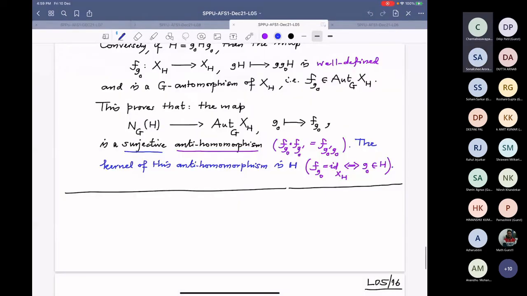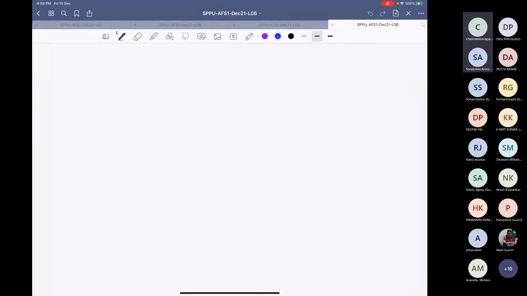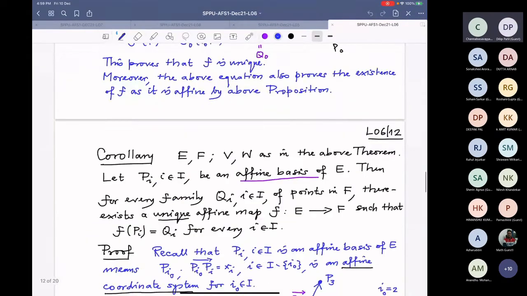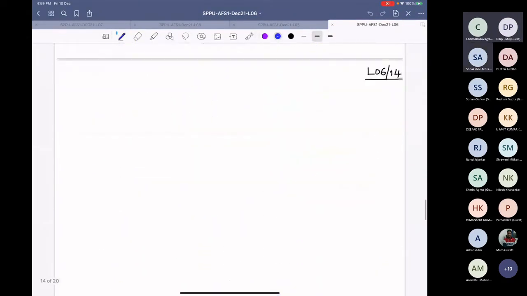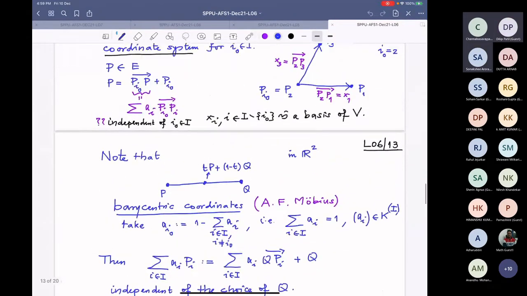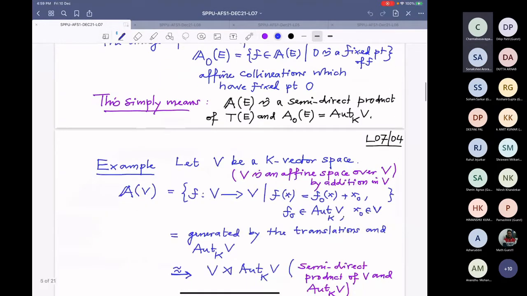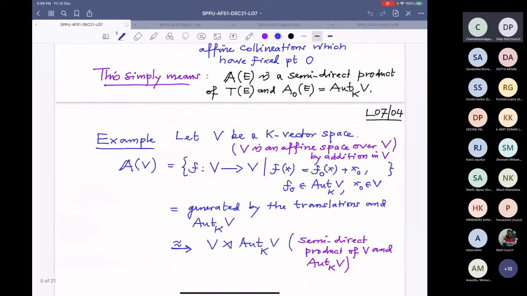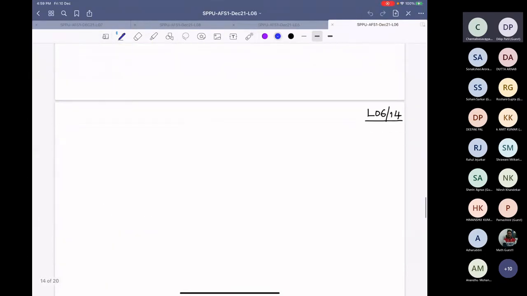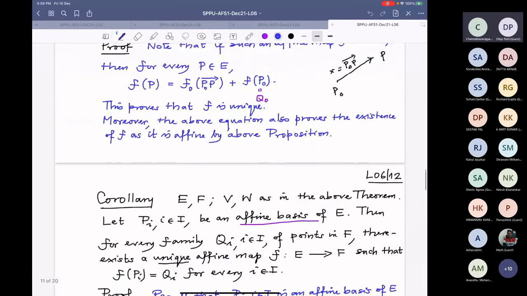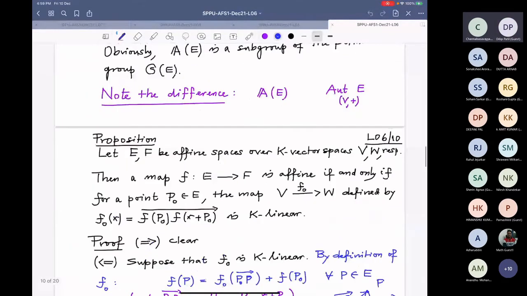Sir, after the definitions, affine isomorphism. Which lecture? 6th, I think. Yes, sir. This is 6. Oh, where is it? After the definition. Now here.